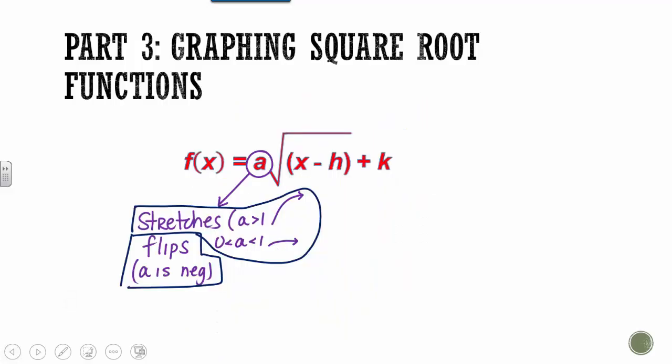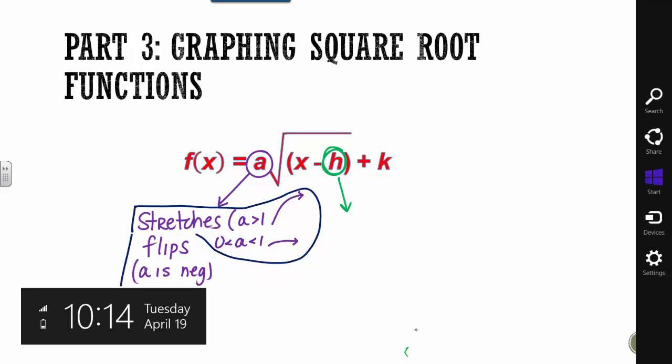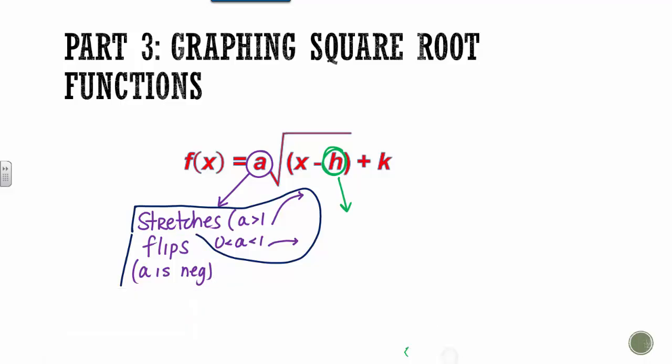The next letter that we can change is this h. Now this h is inside of the square root, and if you notice, it's x minus h. So this h right here is responsible for horizontal shifts. Remember that horizontal means left or right.